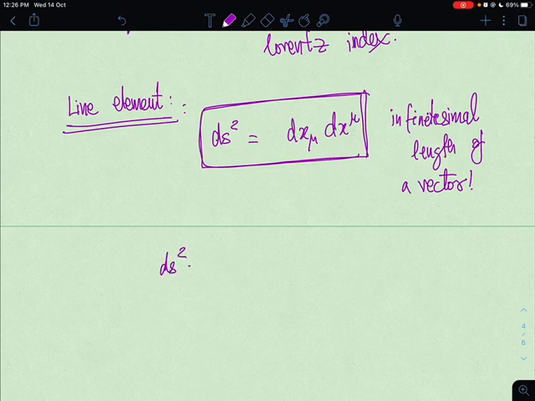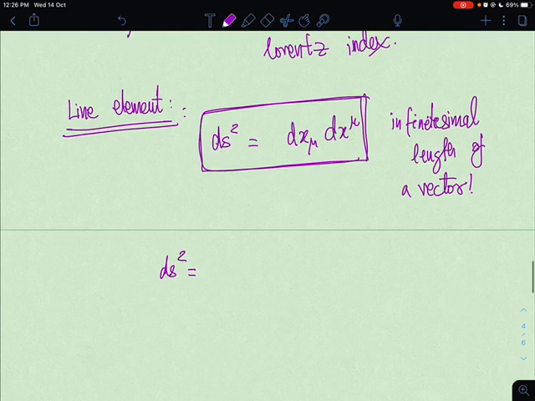So let me expand this. dx mu is nothing but this column vector.